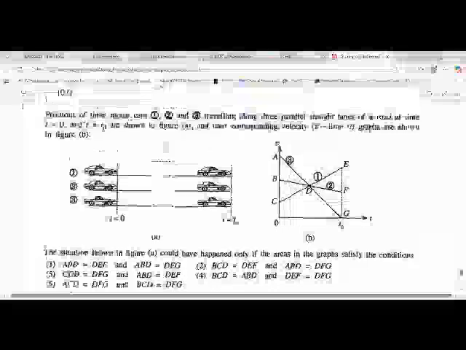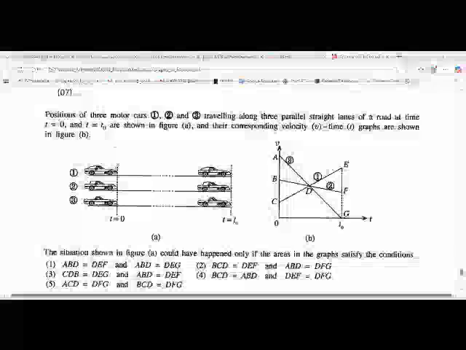According to this figure, these three cars start from the same time and the same position. Also, they end their motion at the same position as well as the same time. Then their displacements should be equal.